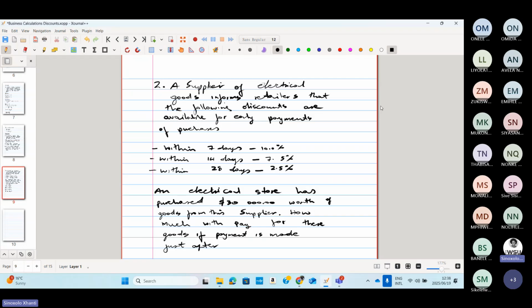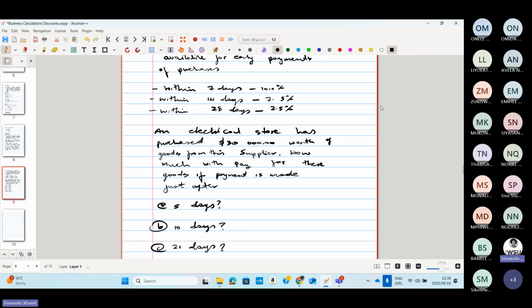And if you pay within 28 days, you are entitled to a cash discount of 2.5%.